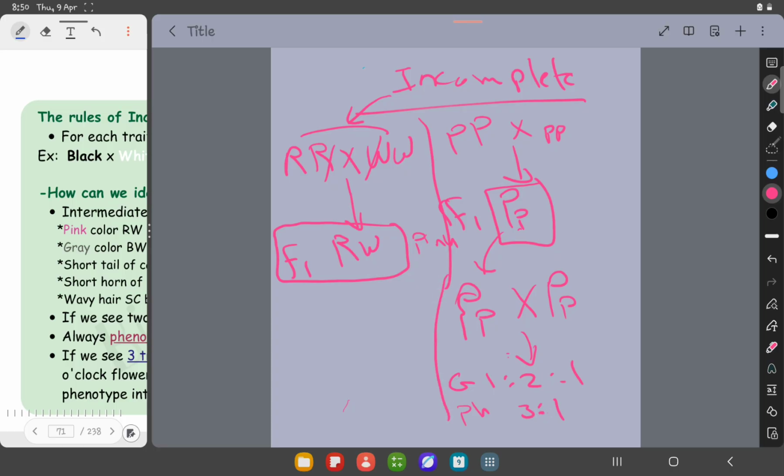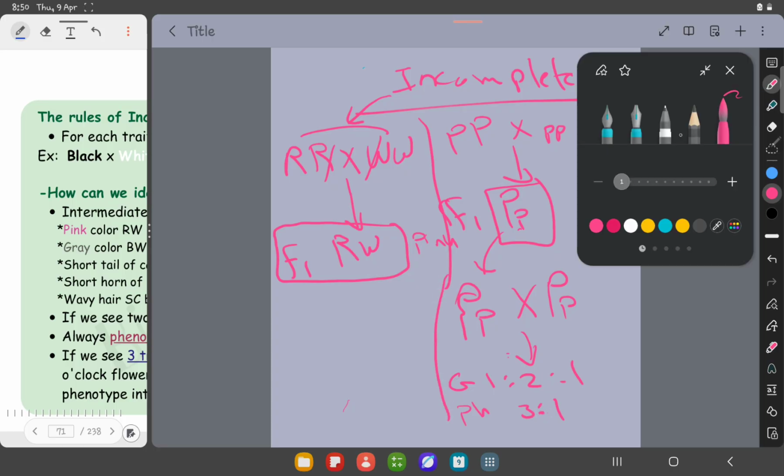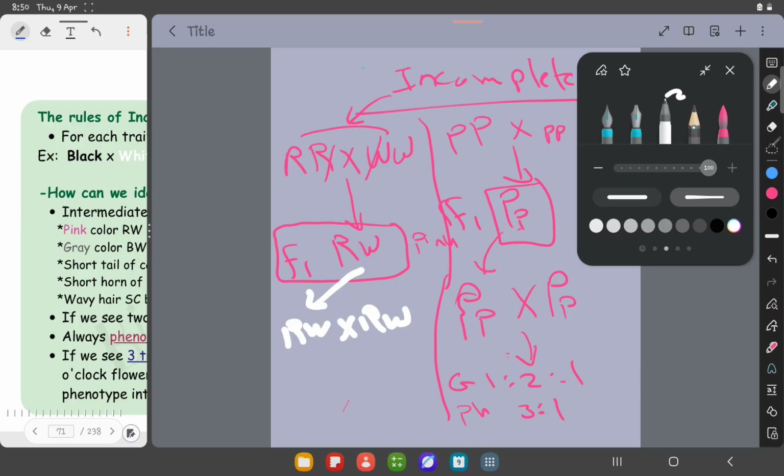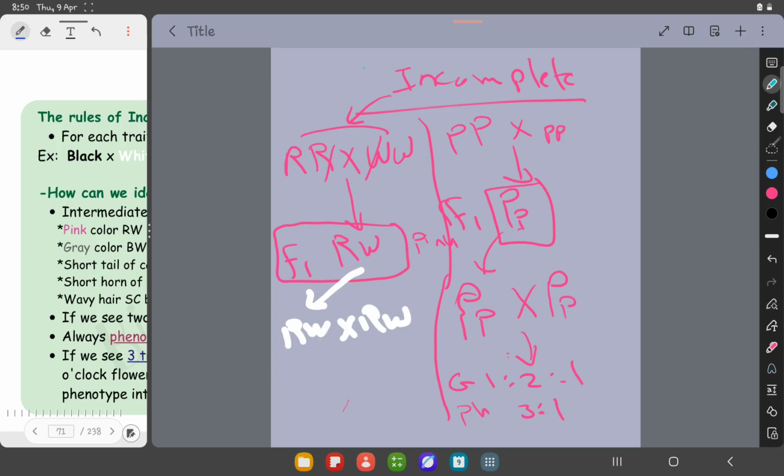What about here in the incomplete dominance? In the incomplete dominance, if we cross this RW with another RW, which means we do self-pollination for the F1 generation, which is RW, so we cross RW with RW, we also will get 1 to 2 to 1.